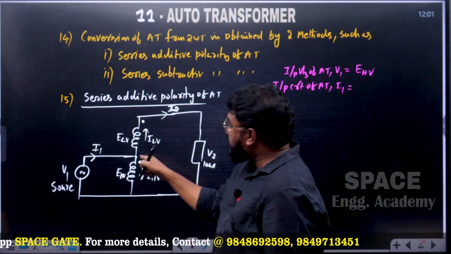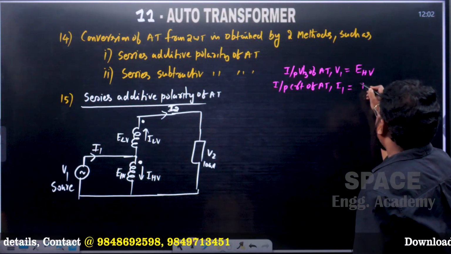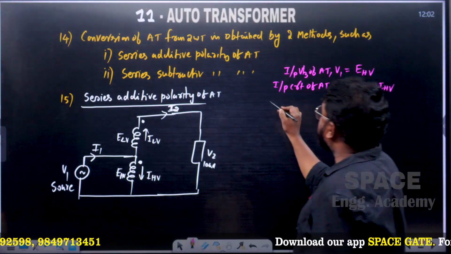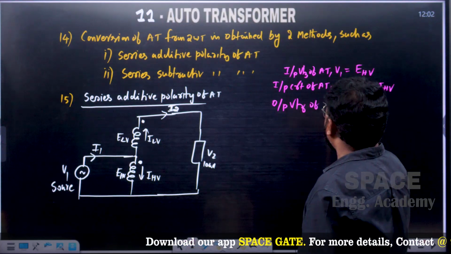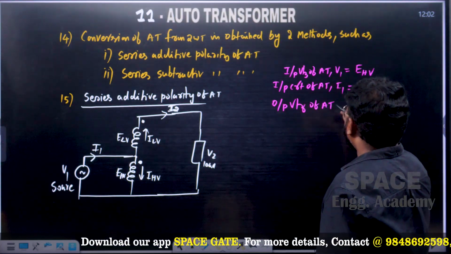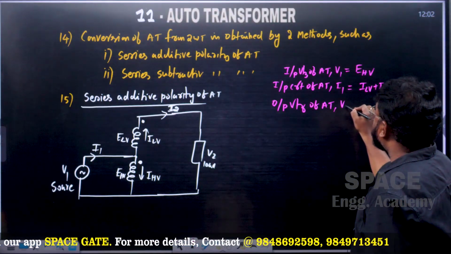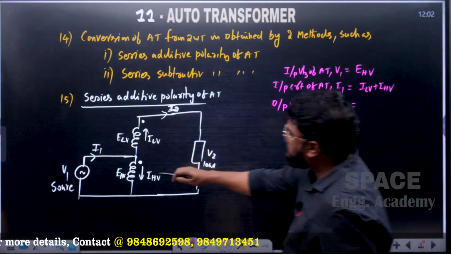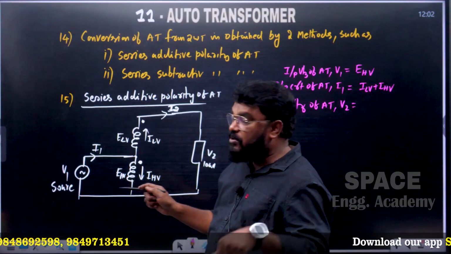Now for this current, just apply KCL at this point. So I1 is equal to ILV plus IHV. Next, the output voltage of the auto transformer, V2. The two windings are added in series additive polarity, so the net voltage will be added up.